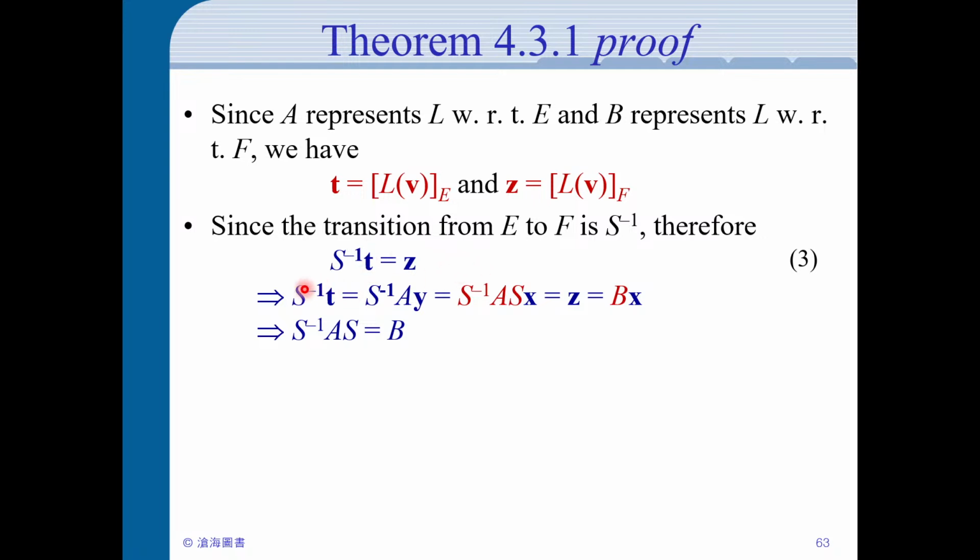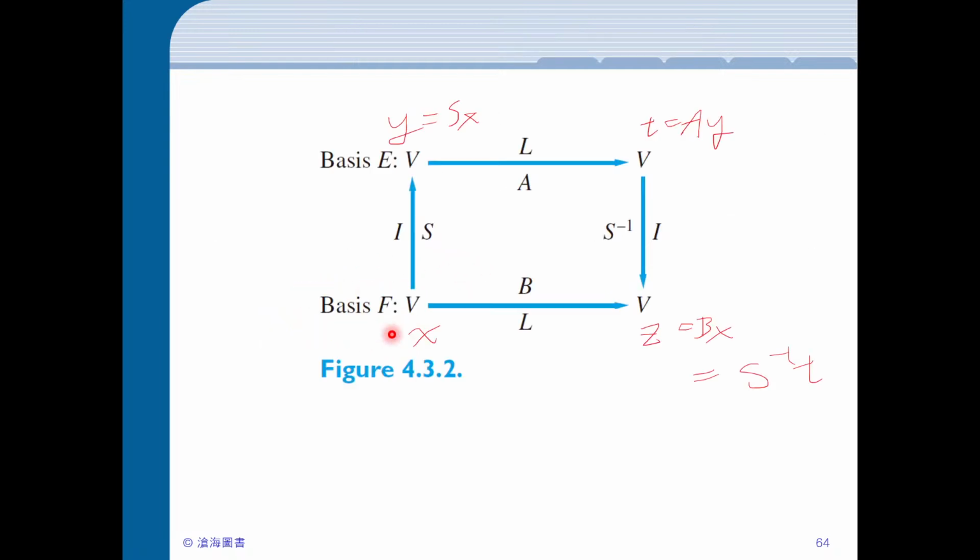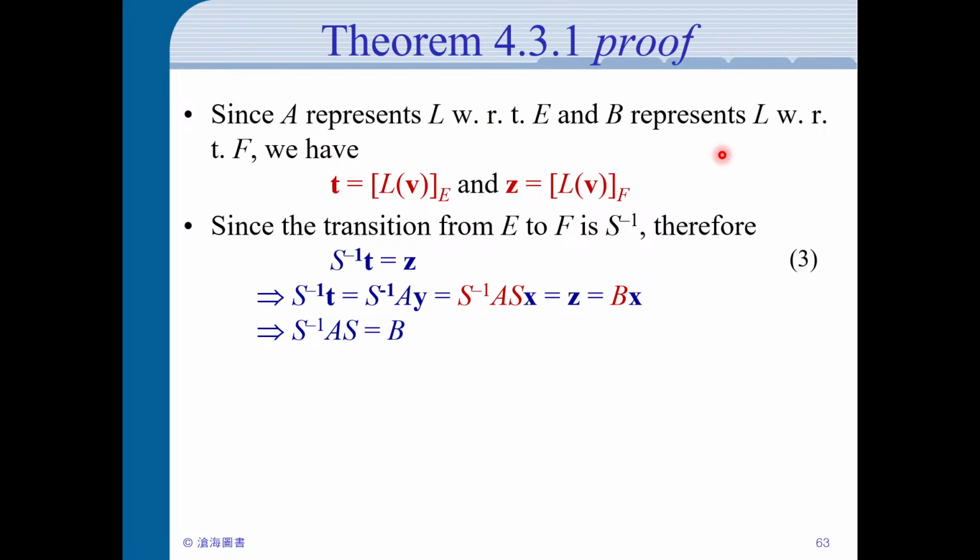So we write out everything. We have Bx equal to S minus 1 of Ay, and also y equal to S of x.